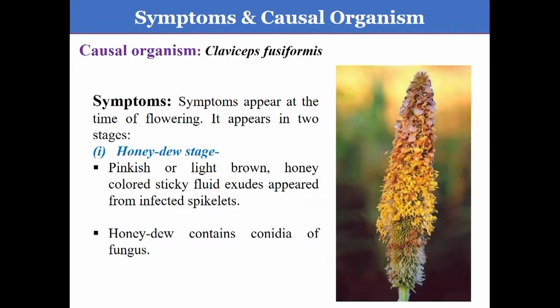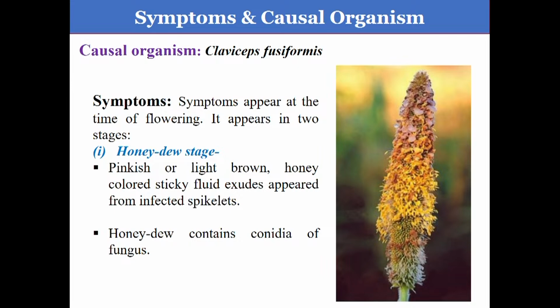Dear learners, these are the causal organisms of the ergot disease. The causal organism is a fungal pathogen known as Claviceps fusiformis. And we will discuss the major symptoms of this disease. The first symptom is the honeydew stage.